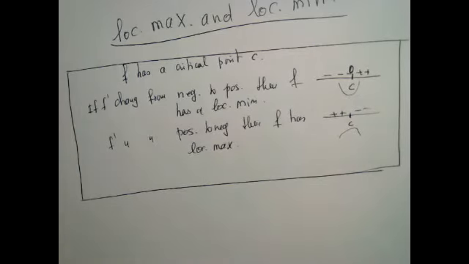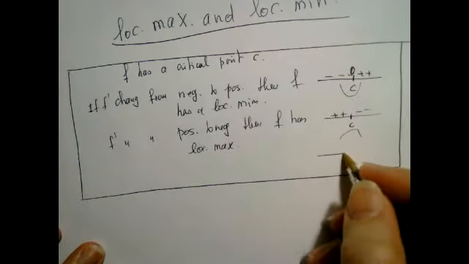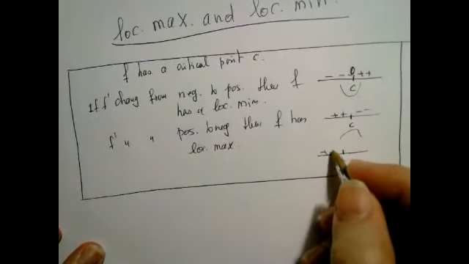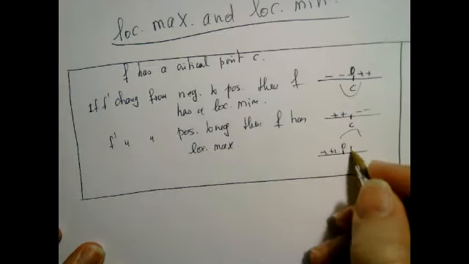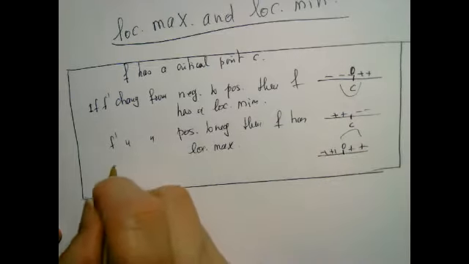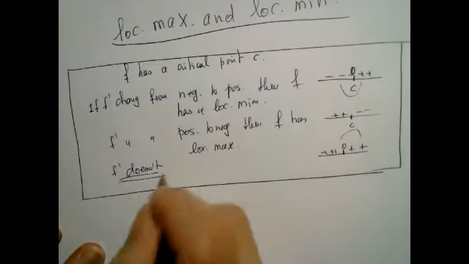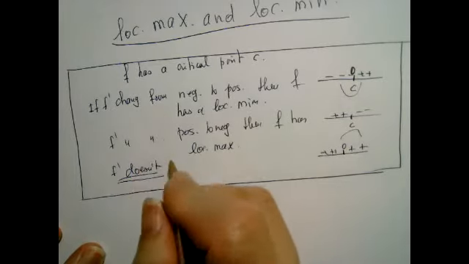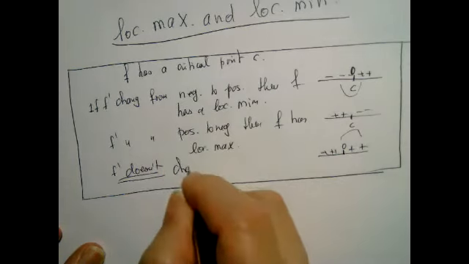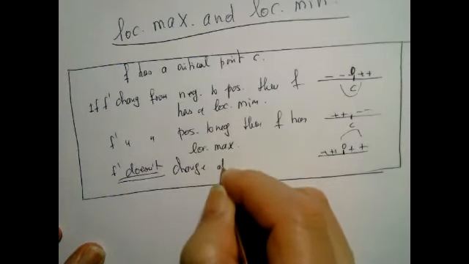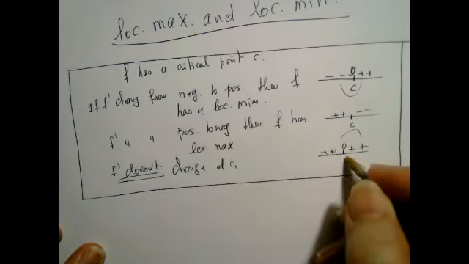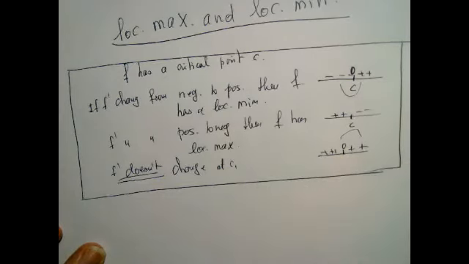If F prime does not change sign, so something like that, it remains positive from both sides. F prime doesn't change sign, because as I told you, sometimes it doesn't have to change sign, at C, then something like this. So positive, positive.